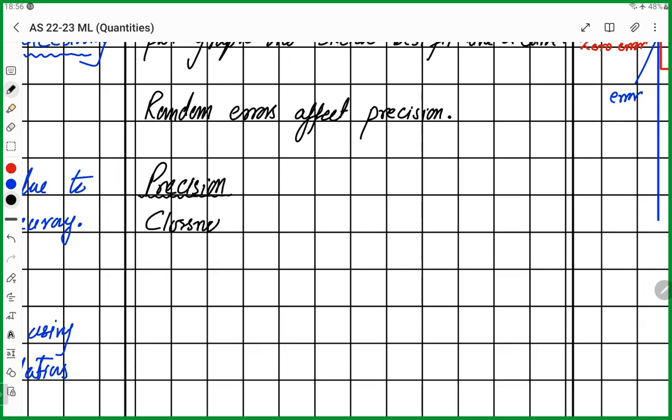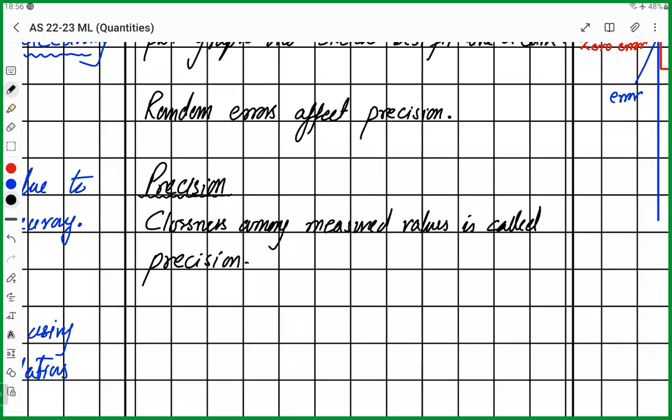Closeness among measured values is called precision. So it is not closeness to any fixed true value, but closeness among all measured values.